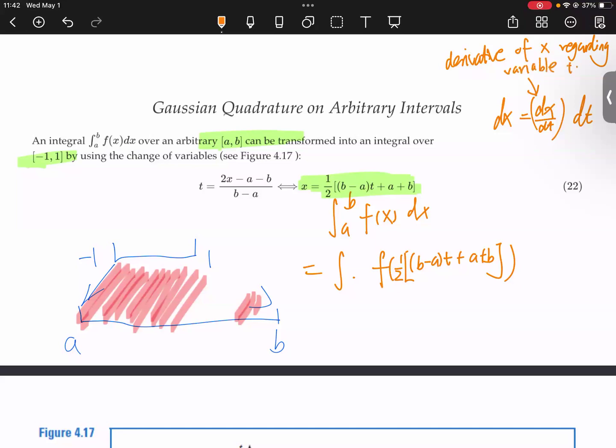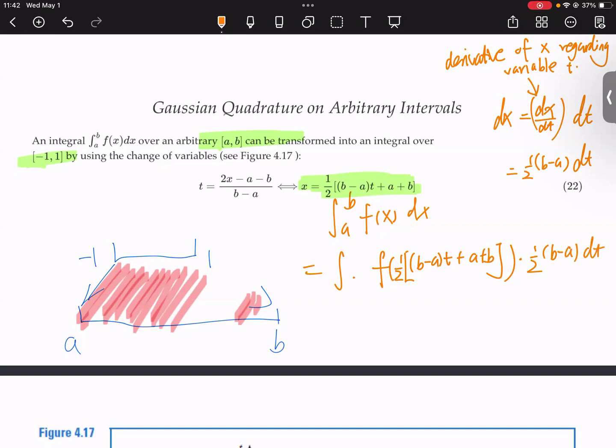This is the notation for the derivative. And then dx/dt, you can view it as the small change in x over the small change in t. Does it make sense? So now what is dx/dt? The derivative is just 1/2 times b minus a. So here we have 1/2 b minus a, and then dt.